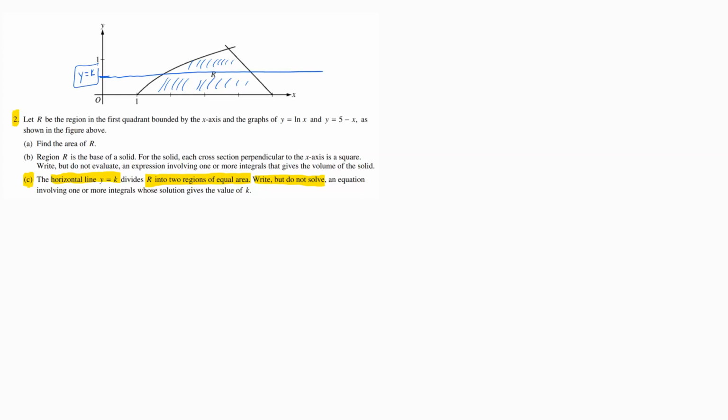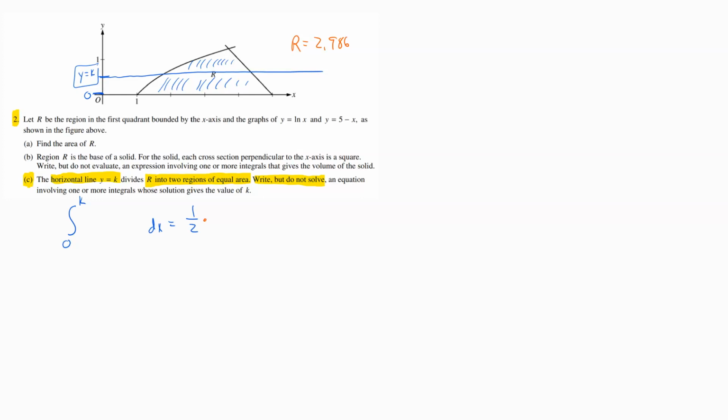To set the integral up, because we're talking y values, it's going to go from 0 to some value of k, and this has to equal half of our total area. If you go back to part A, we found that the total area of this region was equal to 2.986.